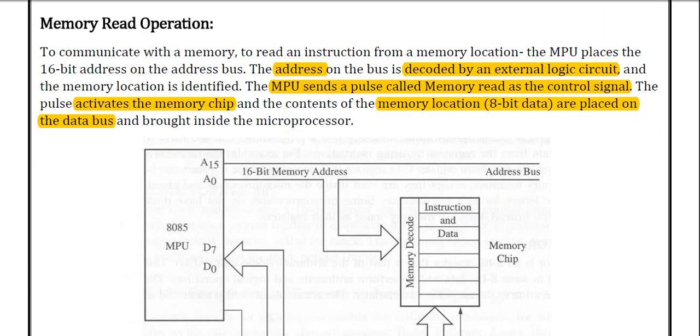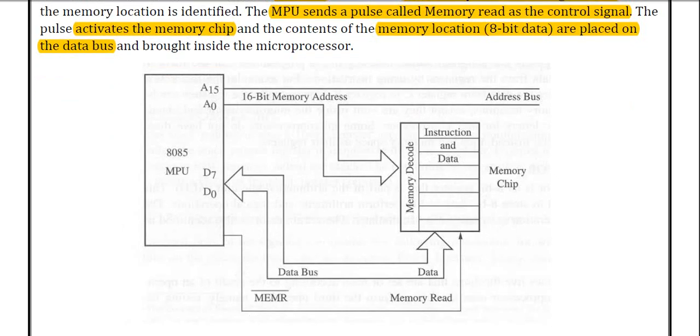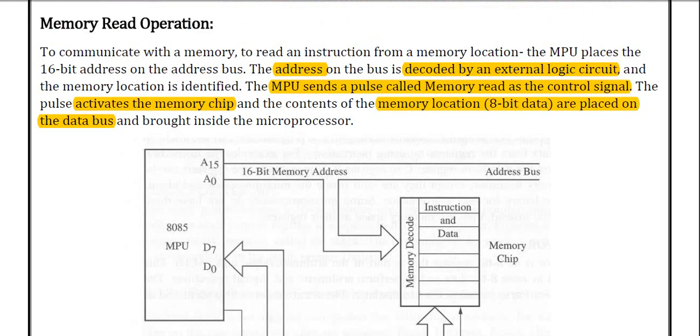Then the memory read operation. By this diagram, we will know how the memory read operation works. First of all, the address on the bus is decoded by an external logic circuit, and the memory location is defined. Then the MPU sends a pulse called memory read on the control signal.